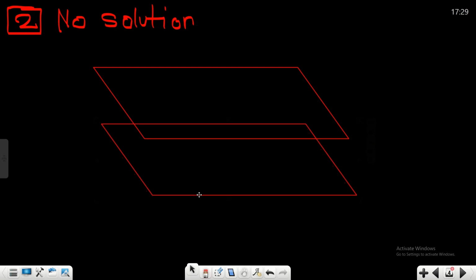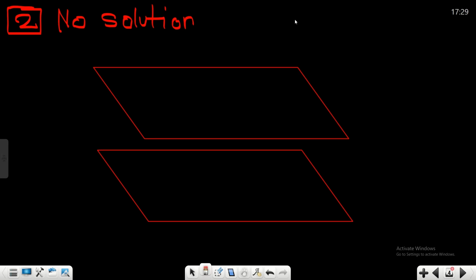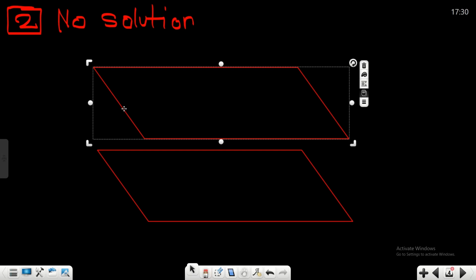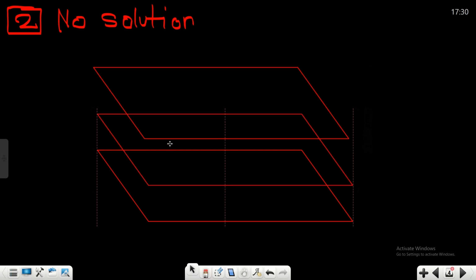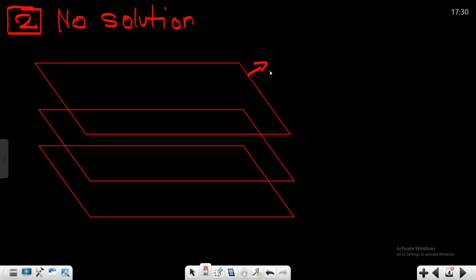Now if I have two parallel planes, and I also have one more plane, just for the system of three equations, and if I represent this one as E1, this one as E2, let me write it over here.